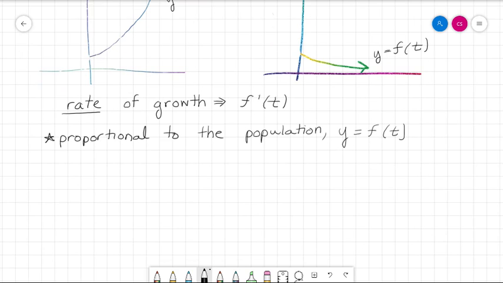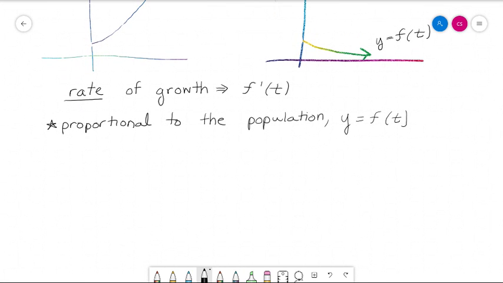Our growth rate is going to be proportional to the original function. When we're saying proportional, normally that means we're multiplying it by some constant. We're going to call that constant k. So the rate of growth, f prime of t, is going to be equal to k times f of t, or k times y.